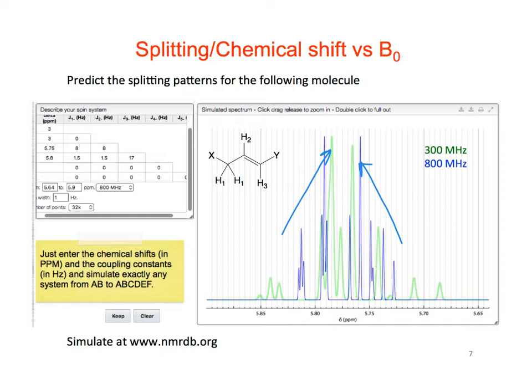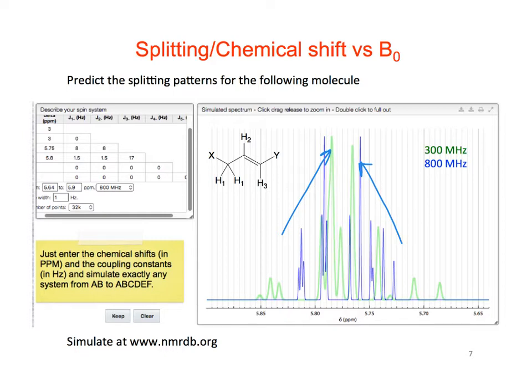Right, exactly right. Because the chemical shift in hertz depends upon the magnetic field strength, right? But the coupling constants do not. Coupling constants do not depend upon the field strength.